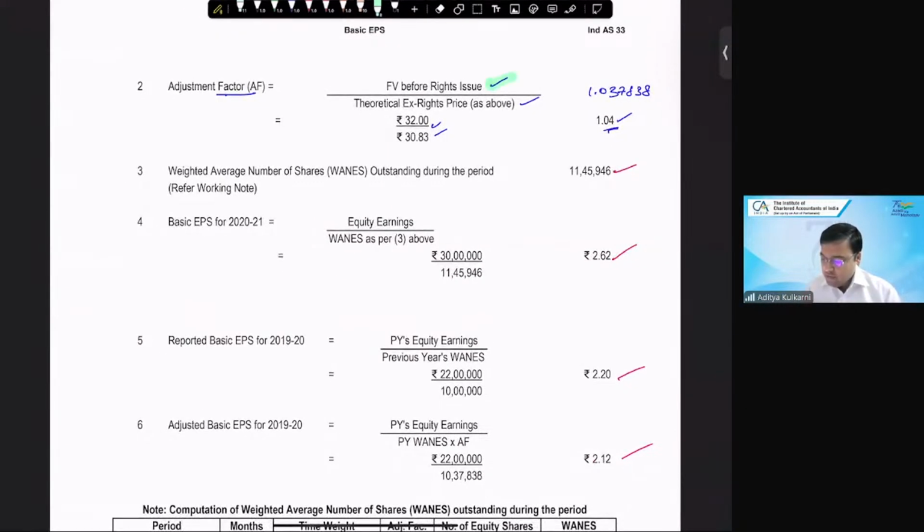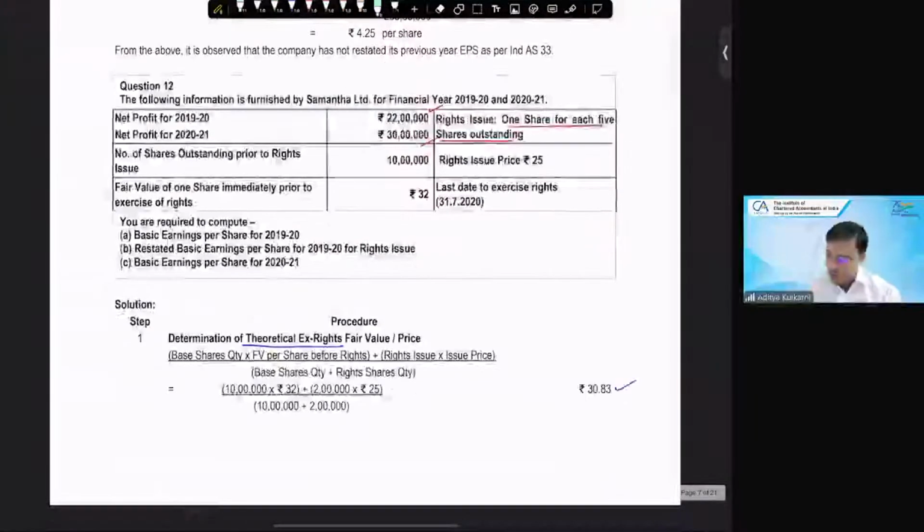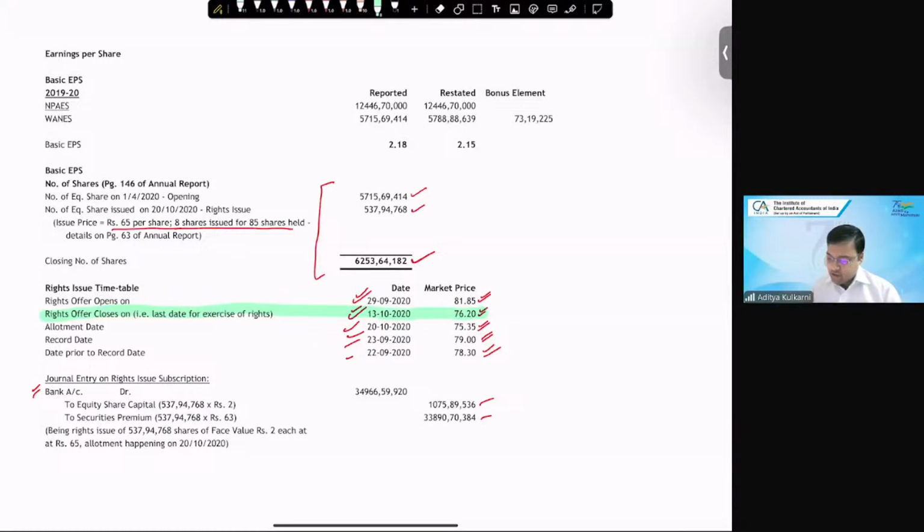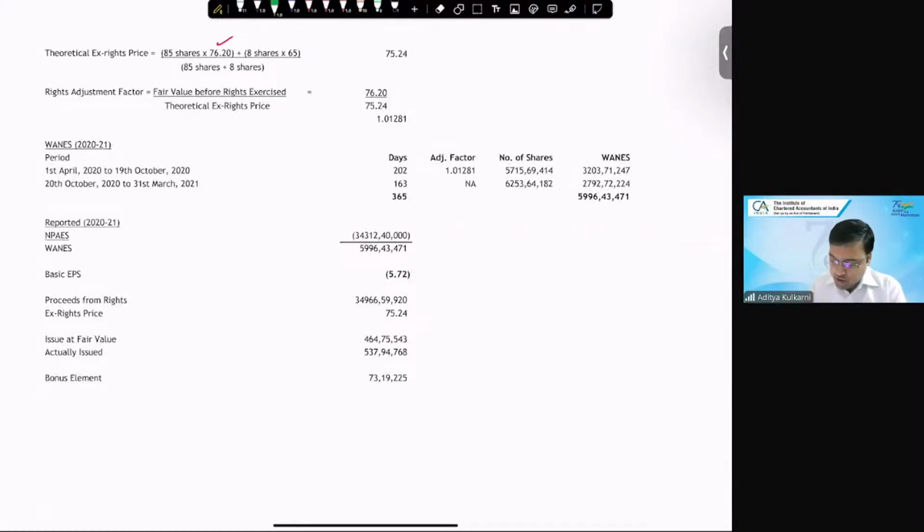Fair value before the rights issue. So, 76.2 plus 8 into 65 divided by 85 plus 8. So my X rights price comes to 75.24. Is it okay? Yes, sir. Exactly what we have done.